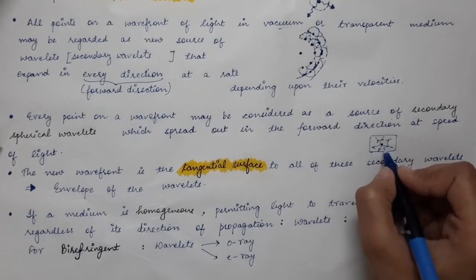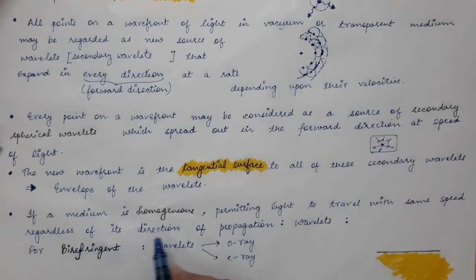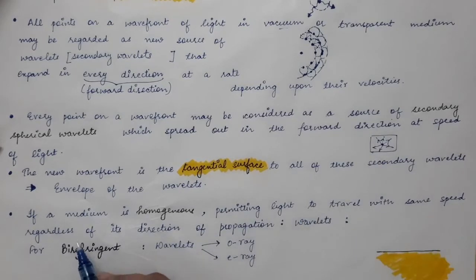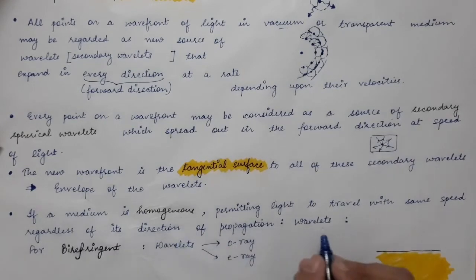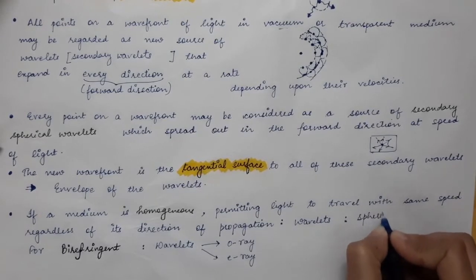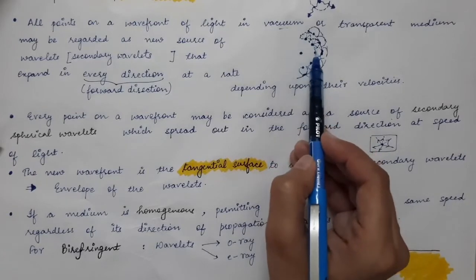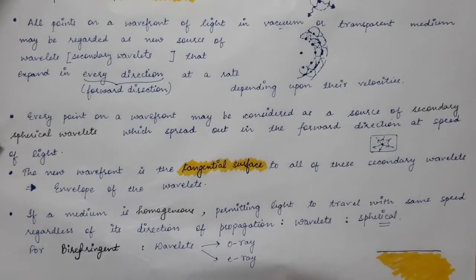Therefore, the velocity of the light from this point source will also be constant in all the directions. So if the medium is homogeneous, then light will travel with same speed regardless of its direction of propagation. Therefore, in the case of homogeneous medium, the wavelets that we have are spherical in shape.